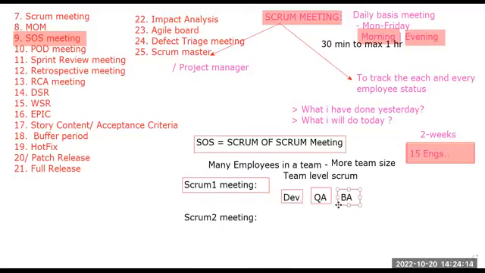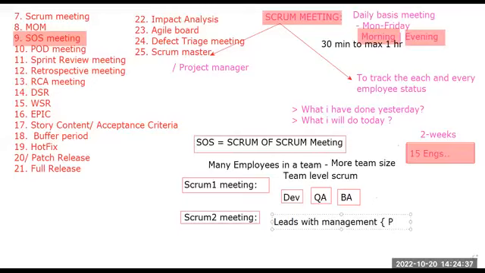Now, once all the respective team leads get their employees' status, the leads can join the second Scrum meeting, that is the Scrum 2 meeting. In this Scrum 2 meeting, we will have a leads with management meeting. Management means our project managers or the client.